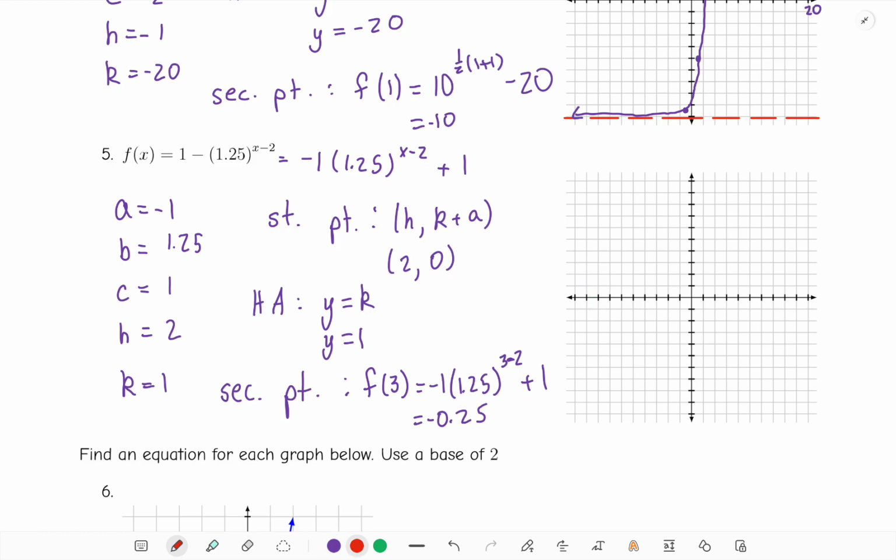Horizontal asymptote, y equals 1. And then we have 2, 0. And then 3, -0.25. And you have a shallow exponential.